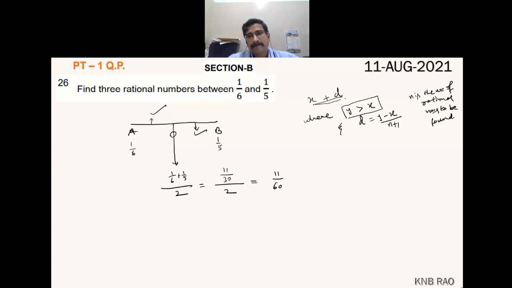Sir, this x plus d is one rational number between these two rational numbers, and x plus 2d is the second rational number between these two, and x plus 3d is the third rational number between these two rational numbers. Okay, dear. Did you find this technique or do you have any reason for this?